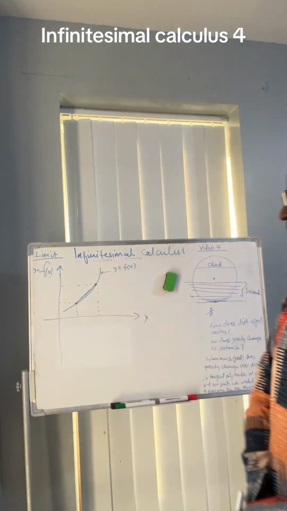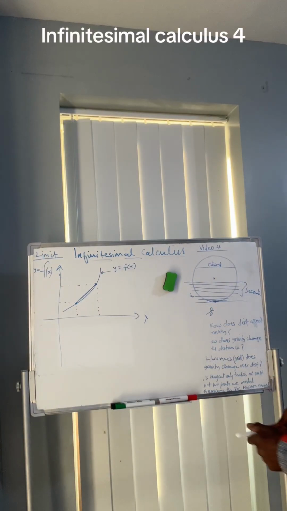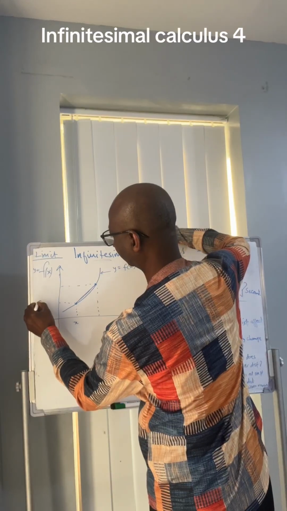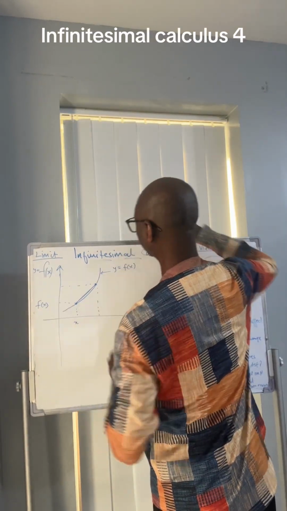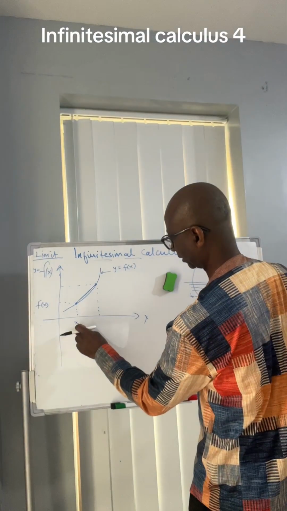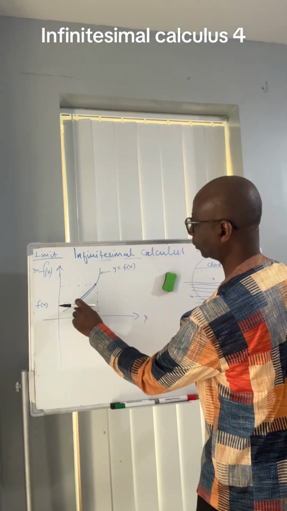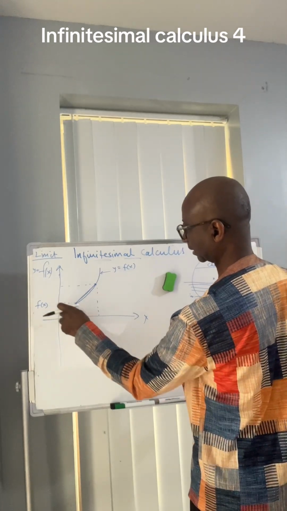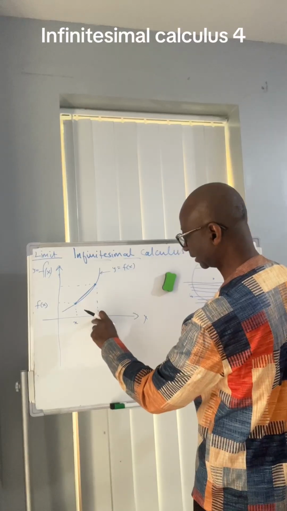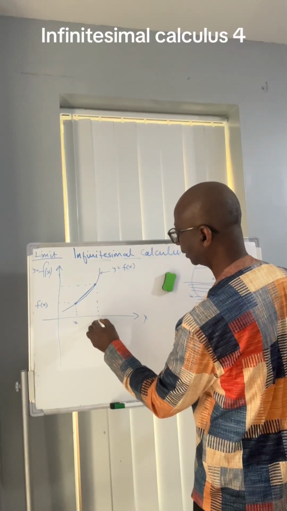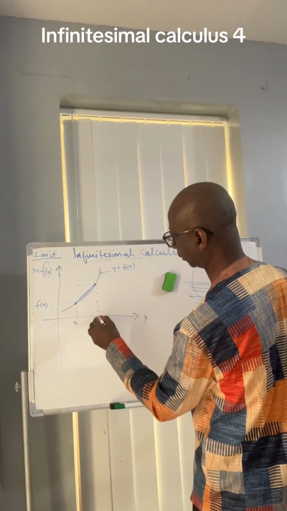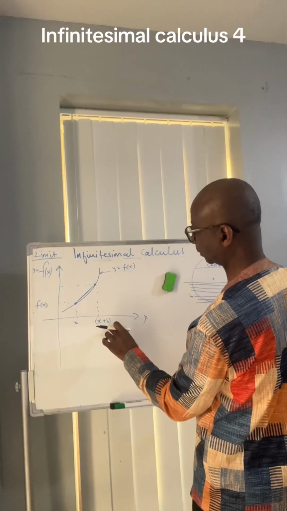If we have this kind of graph, here is x, and already we know this is f of x. If we increase this, and this distance is h, for example, then this point will be x plus h.